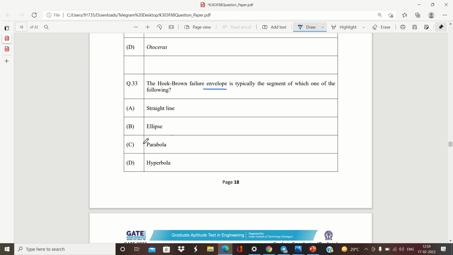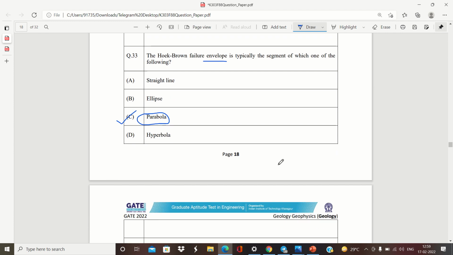So hence the third option C will be our right answer. Many times they have asked in the CSIR NET also, they compared the Mohr envelope with some other envelope. So look at all these envelopes and the basic differences which can be seen.